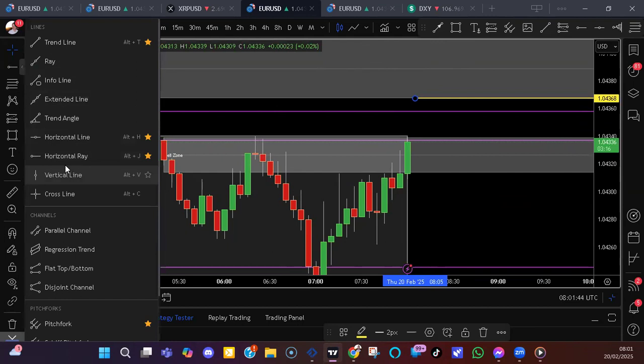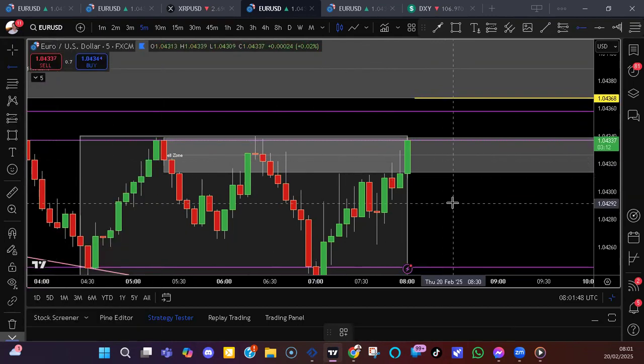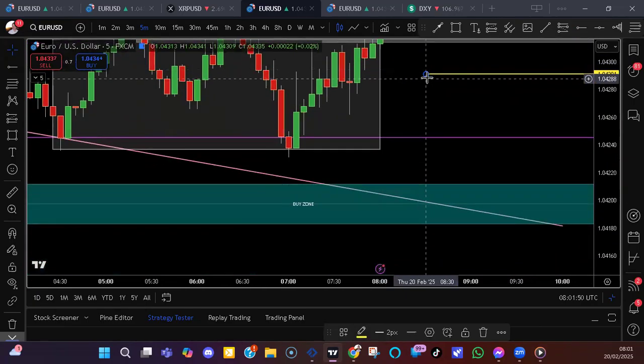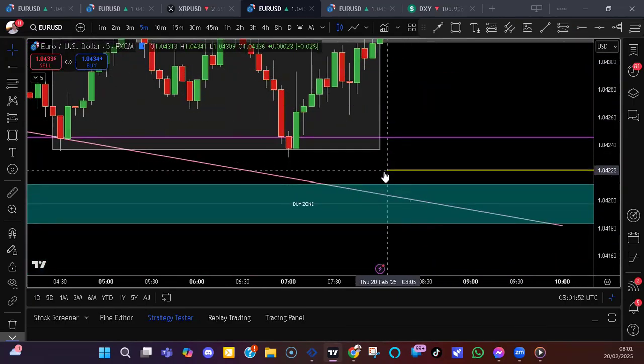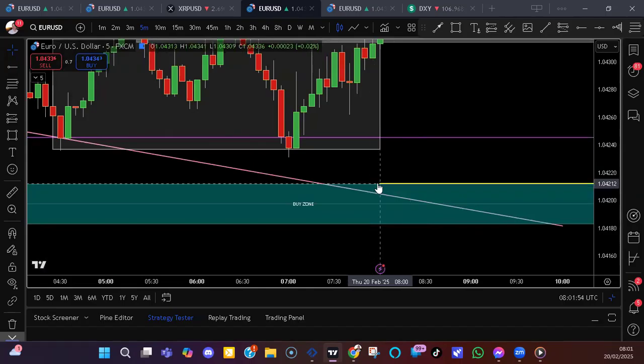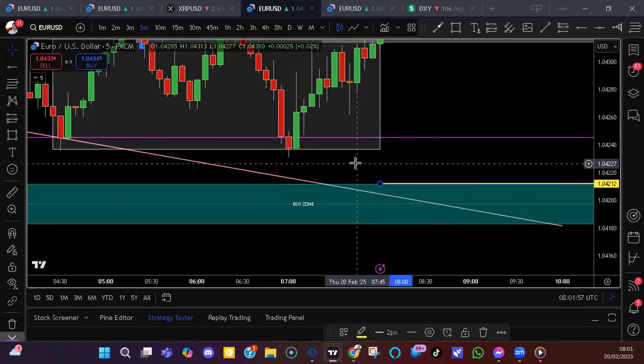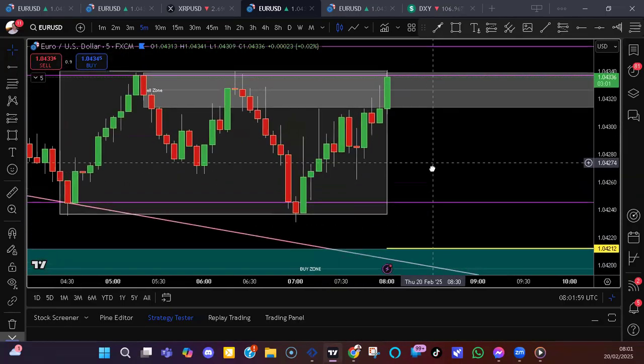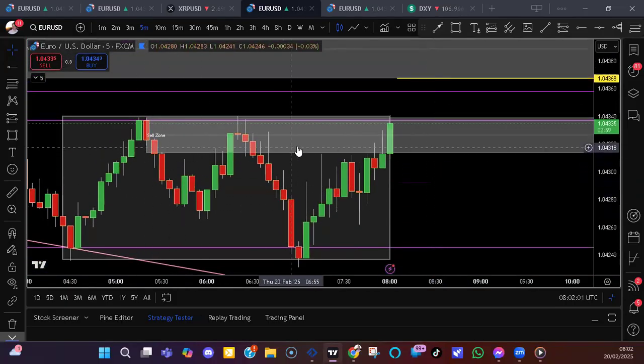Sorry, that's not right. Bring that down to there. That's the buy zone. Doesn't look like price is ever going to get anywhere near that. And now we're coming up to the consolidation area.